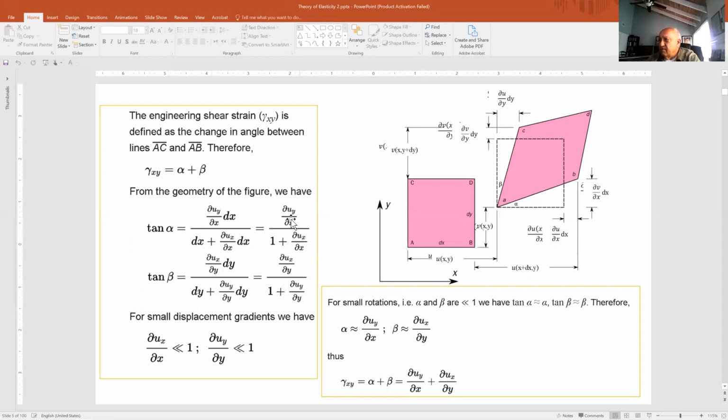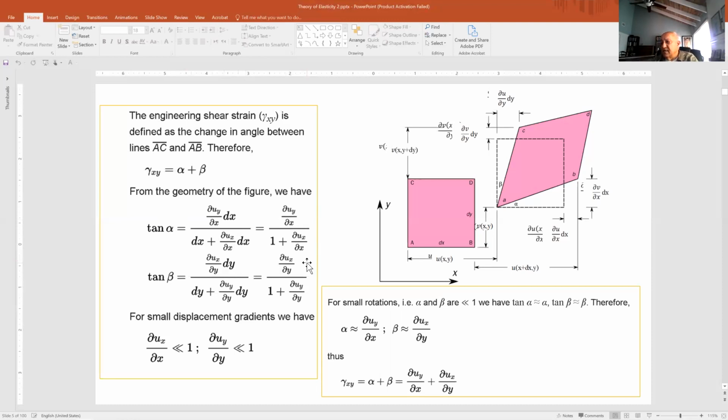Now, from this picture, again, similar to what I said before, I can calculate tangent of alpha, derivative of u with respect to x dx, plus dx, plus derivative of u with respect to x dx. And simplifying, we come up to this equation, and similarly for angle beta.